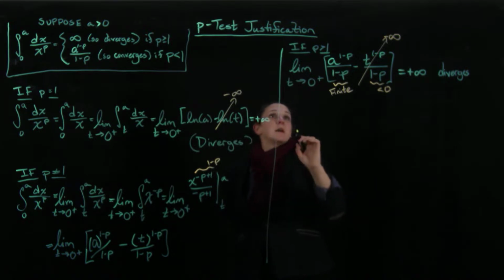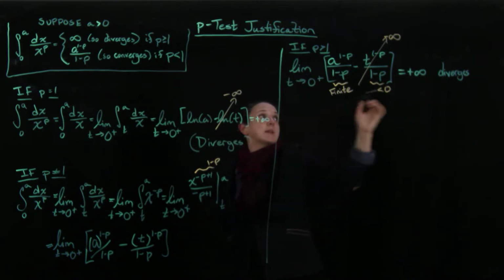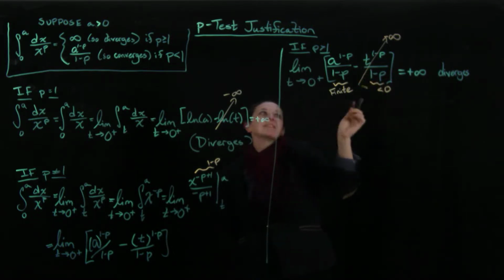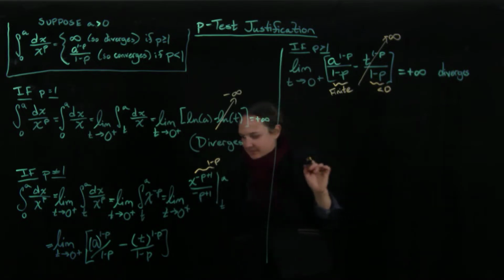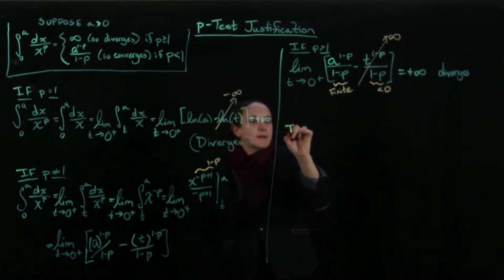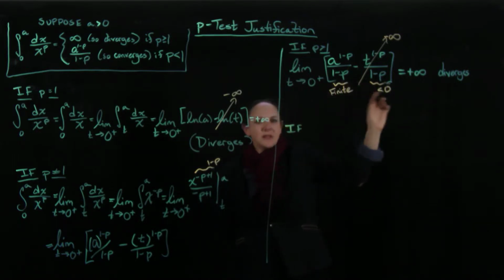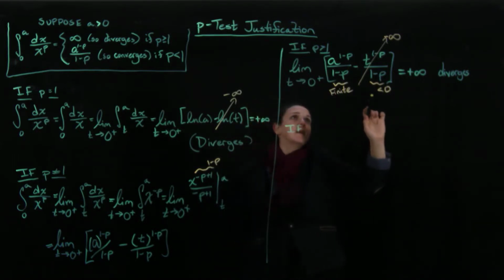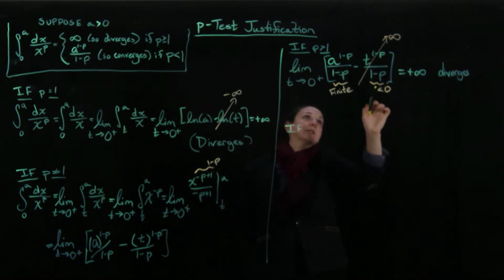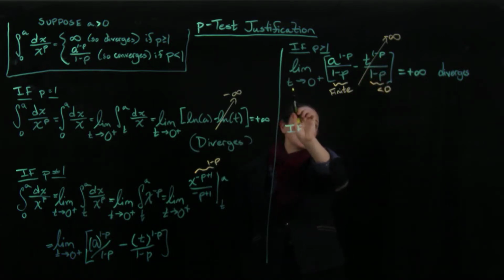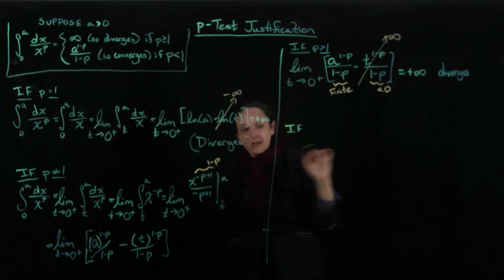That's actually a little complicated, so maybe I won't go into it in this one, but you can ask me in office hours, or try to go through it carefully. Since 1 minus p is less than 0, we've got t to a negative power, so it's like having 1 over t, but t is approaching 0.